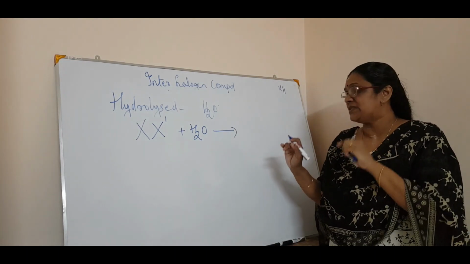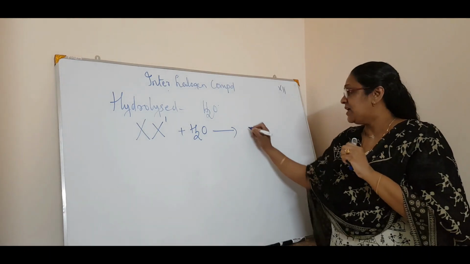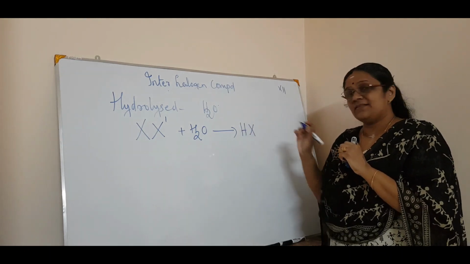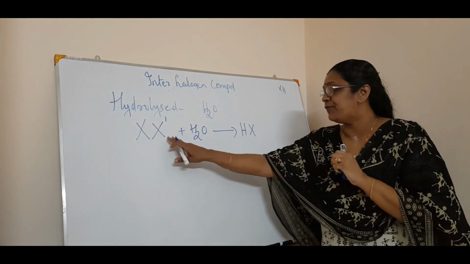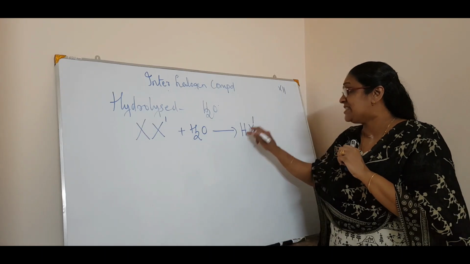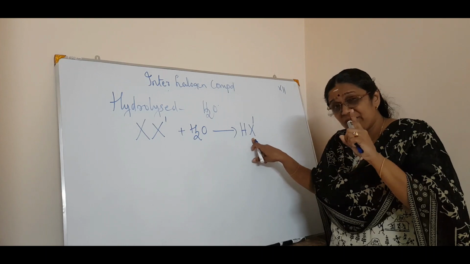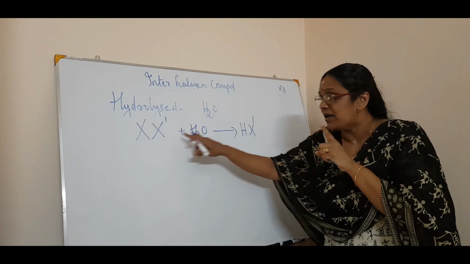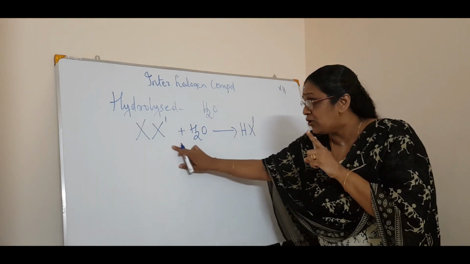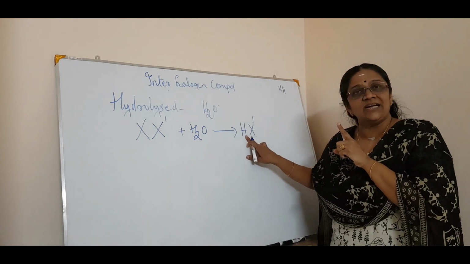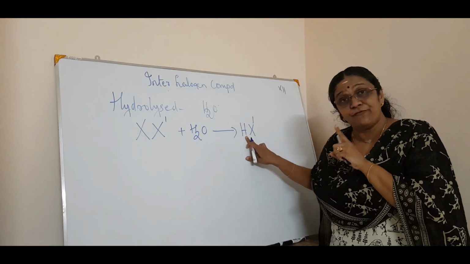Two types of compounds are formed, listen very carefully. The smaller halogen atom, X dash, will go straight away to form the hydrogen halide, as it has a strong affinity for hydrogen.